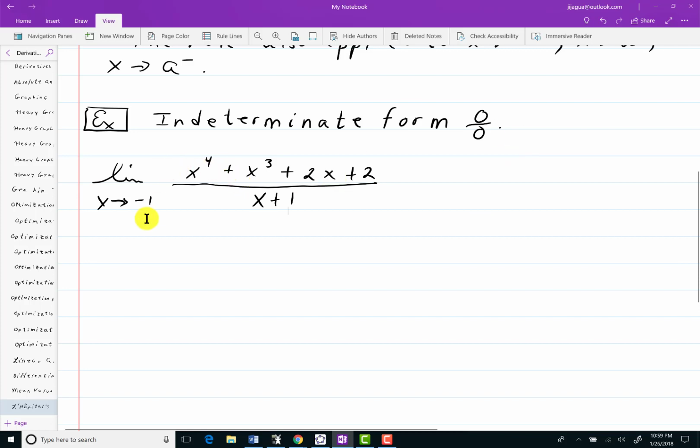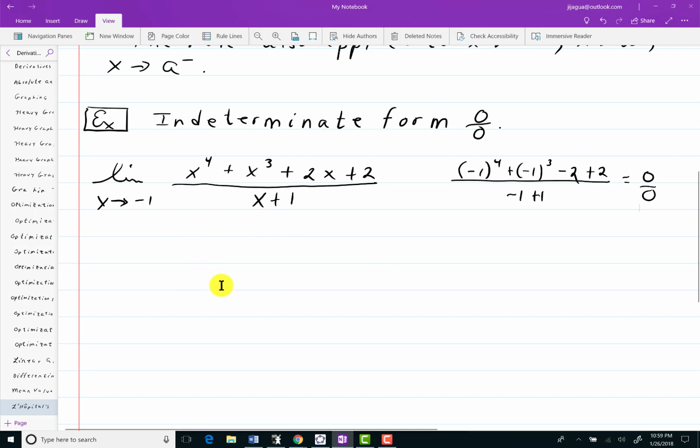The first thing I'll try to do, like any other limit, is just try to plug in the target value and see what happens. So I'll have -1 to the 4th plus -1 cubed minus 2 plus 2, and that'll be over -1 plus 1, which is 0 over 0. Since this is 0 over 0, I may apply L'Hopital's rule.